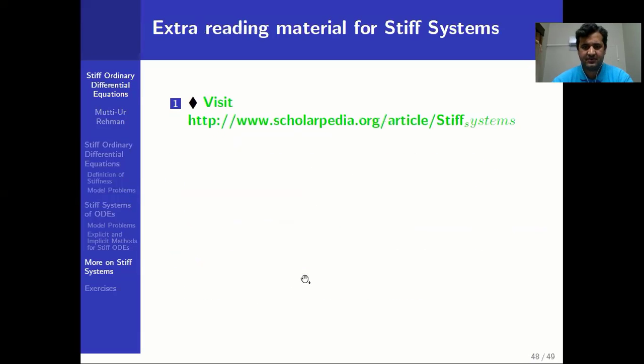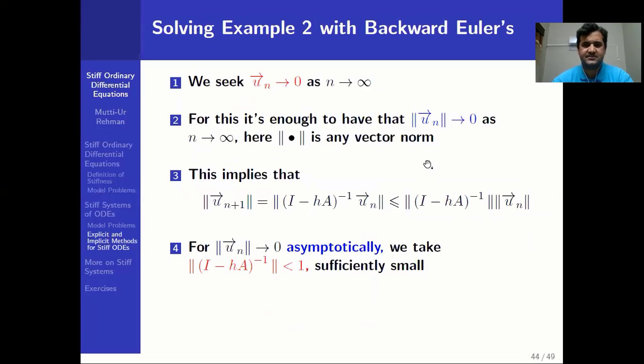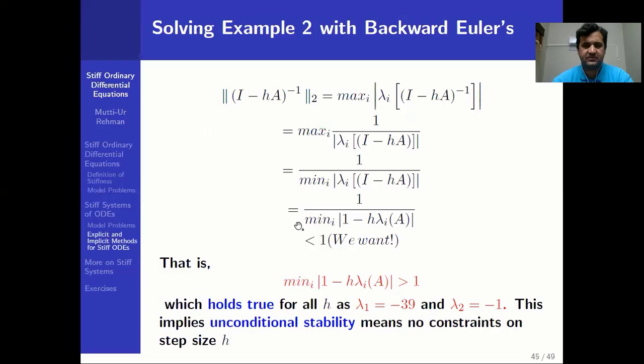For instance, if I go back, over here I have used the matrix 2 norm. And why? Because the matrix 2 norm has a deep relation with the spectrum of the given matrix.